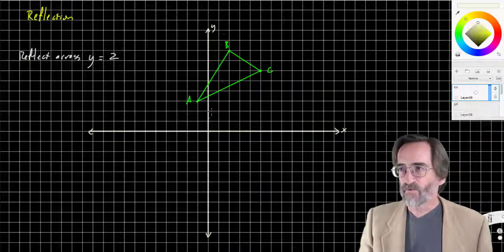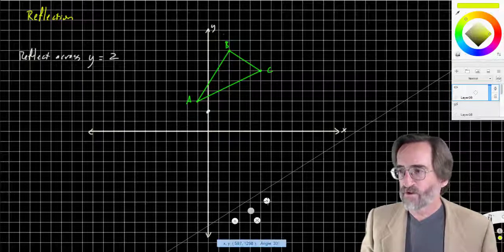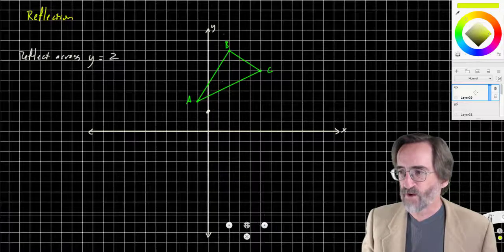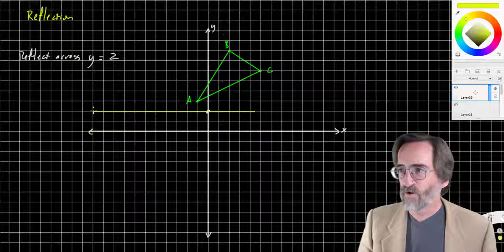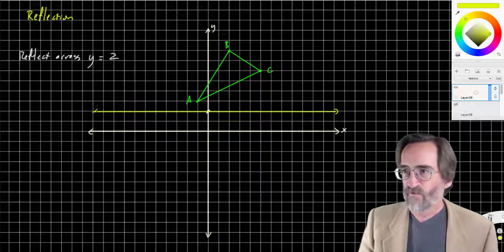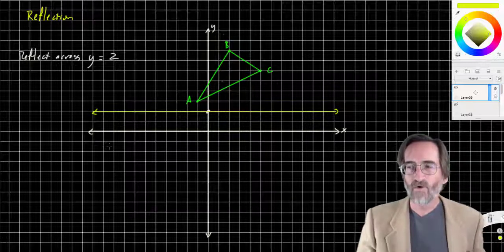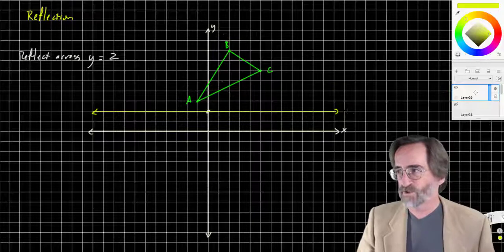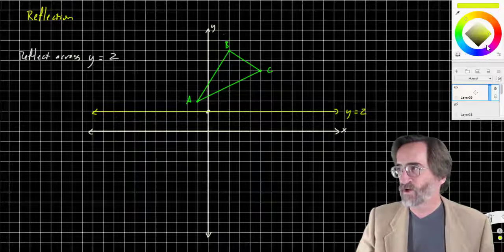So I'm going to go to 2 on the y-axis, and I'm going to draw a horizontal line, because the equation y equals 2 results in a graph of a horizontal line. This is the line where all the y values are 2. So we have 0, 2; 1, 2; 2, 2; and so on. All the y values are 2. That's y equals 2, and we can reflect across that line as well.